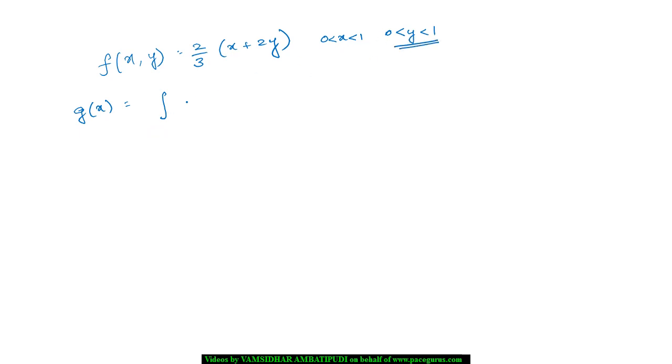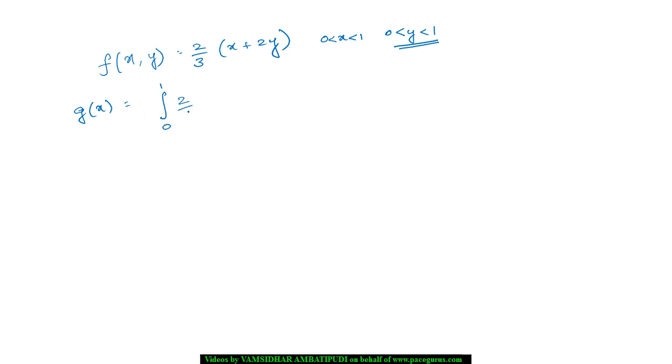Now if I want the marginal density of x, I am integrating this f of xy from minus infinity to infinity, which means across the whole range of y. So I'll integrate it between 0 and 1.